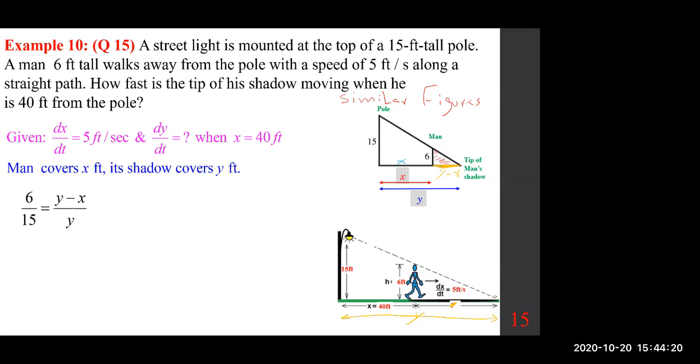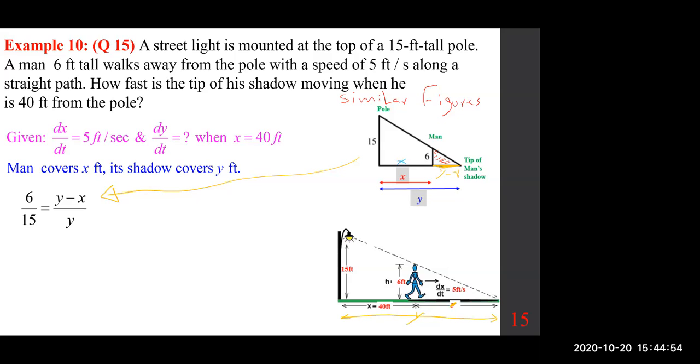I hope you see what I'm doing here. Similar figures: the ratio of y minus x to y, my apologies, is the same as 6 to 15. Of course, we don't need the hypotenuse because we don't have it and we don't need it anyway. So I'm going to quickly recap. I'm looking at the small triangle versus the large one.